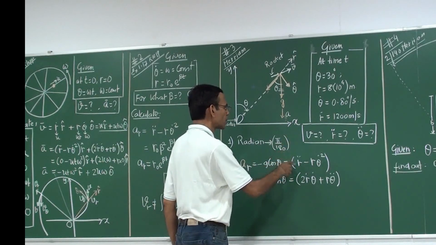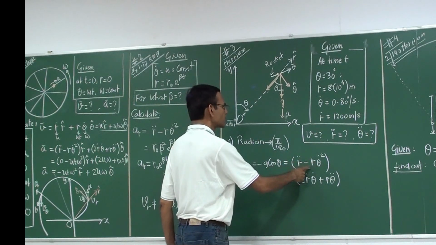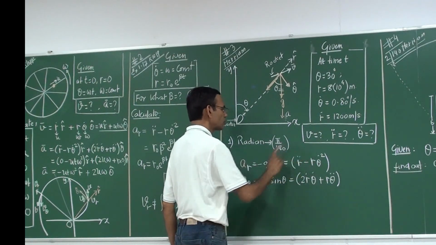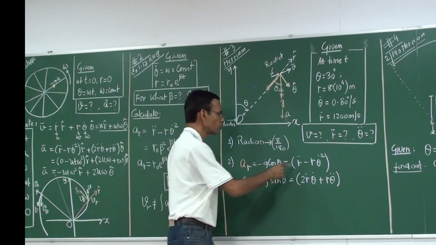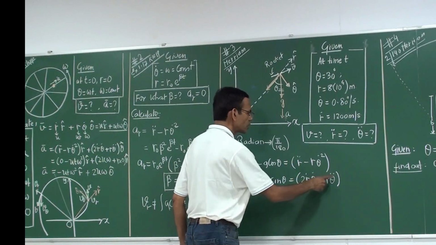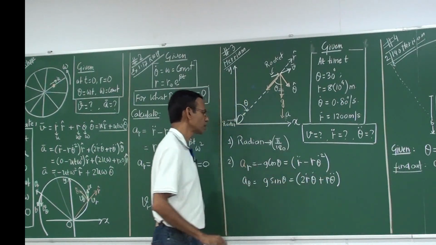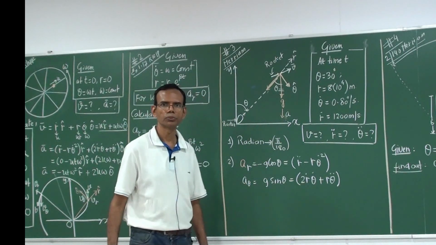You have to calculate r double dot. Your theta dot is given to you, r is given to you, so you can calculate r double dot. Exactly the same way, once you know r double dot, theta double dot you can also calculate from this equation, because r dot and theta dot are known to you.